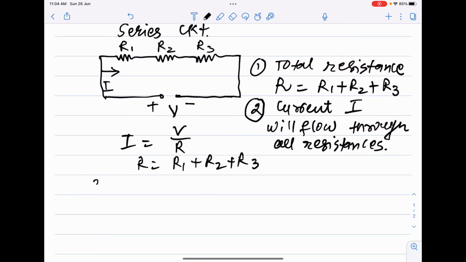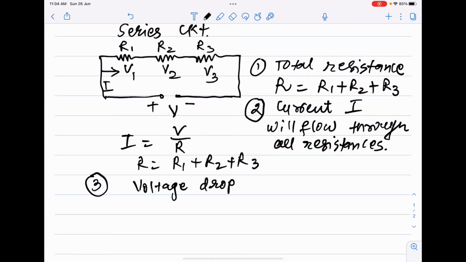The third property associated with this circuit is, suppose V1 is the voltage drop across R1, V2 is the voltage drop across R2 and V3 is the voltage drop across R3. Then the voltage drop V1 is equal to I into R1.